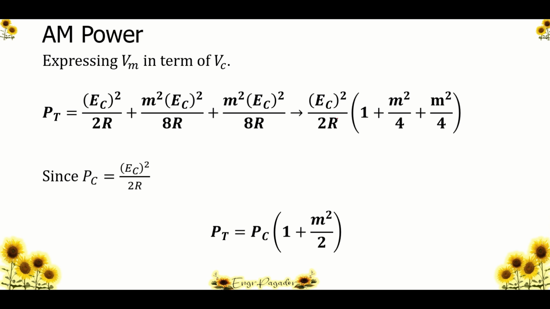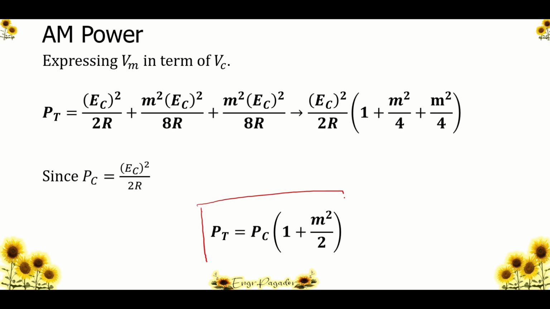We factored out EC squared over 2R, and we are left with 1 plus M squared over 4 plus M squared over 4. Recalling that the carrier power is equal to EC squared over 2R, which is what we factored out, the formula for the total power will be equal to PC times the quantity 1 plus M squared over 2.